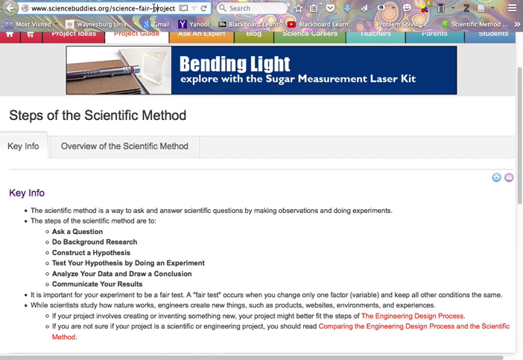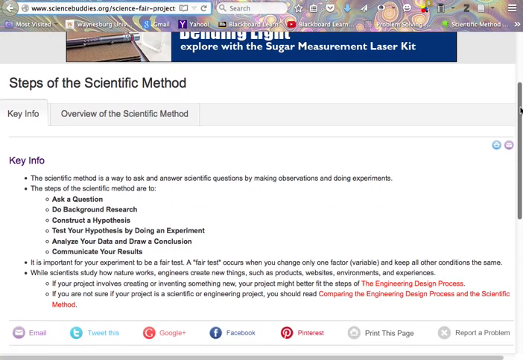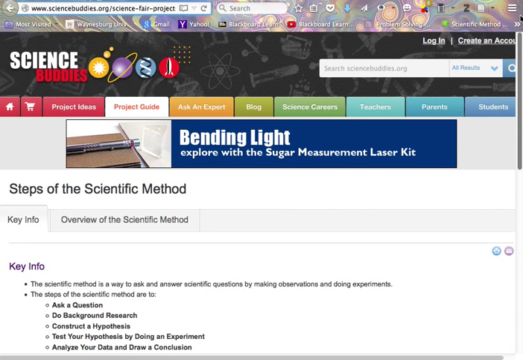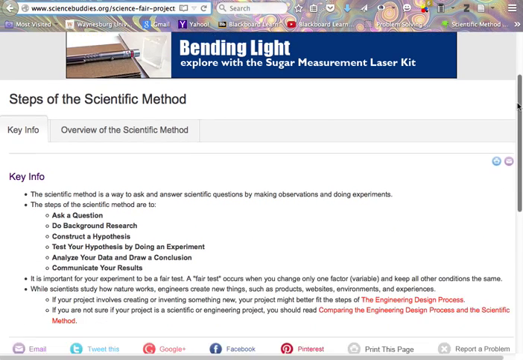As you can see, the Science Buddies website is sciencebuddies.org, so you simply type sciencebuddies.org into your browser. And I've let it land on this Steps of the Scientific Method page within the Science Buddies site.